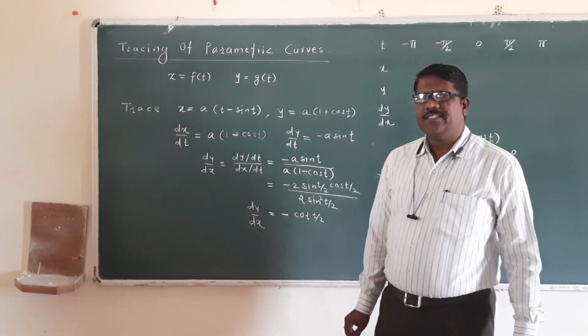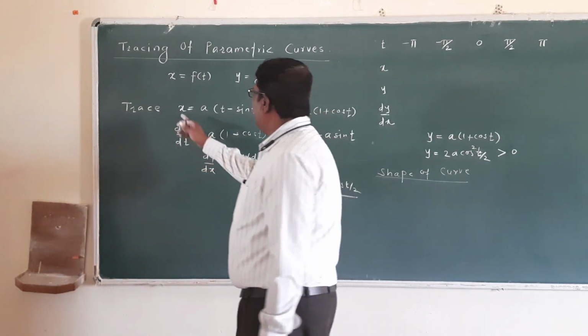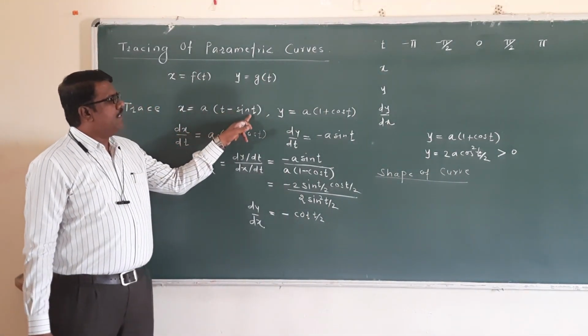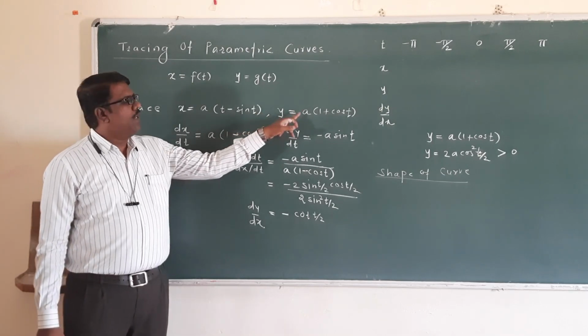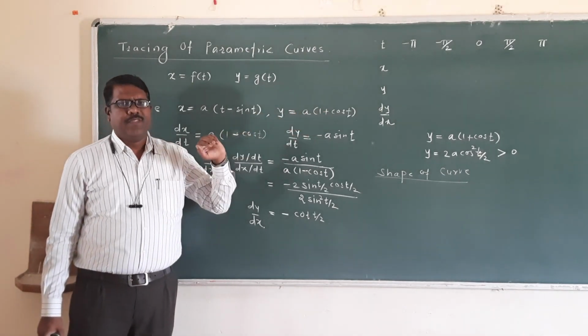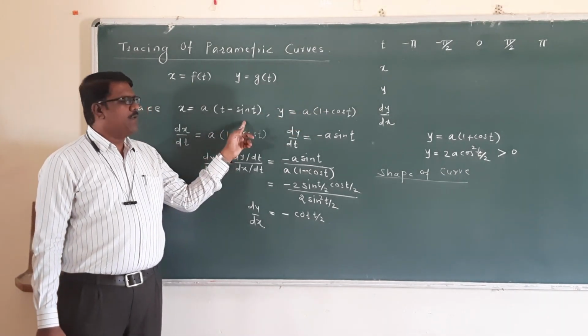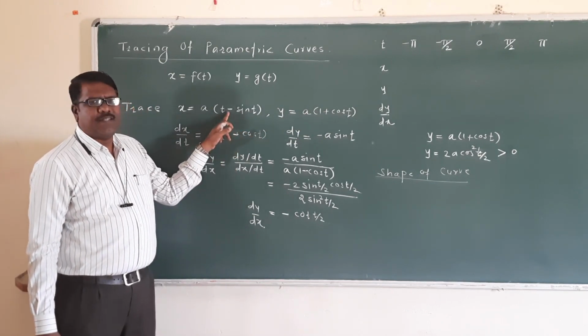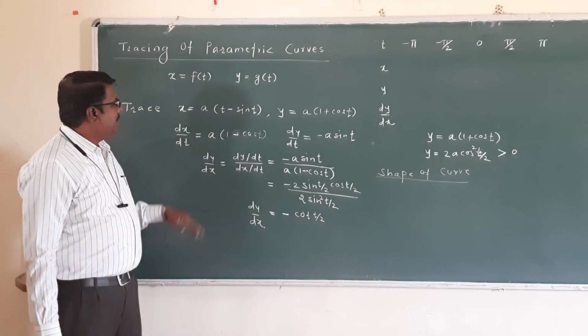Now the second example is to trace x equal to a into t minus sin t and y equal to a into 1 plus cos t. If we compare this example with the previous one, the only change is that here it is a minus sign. Now what have we done?